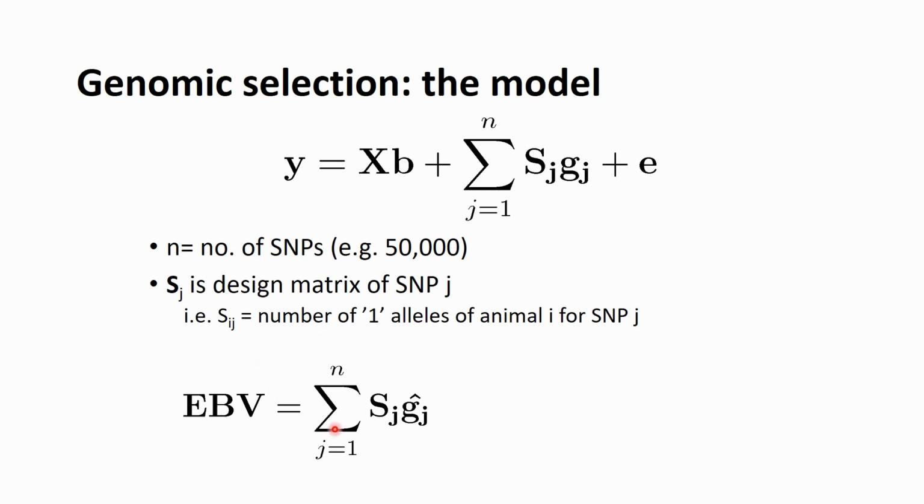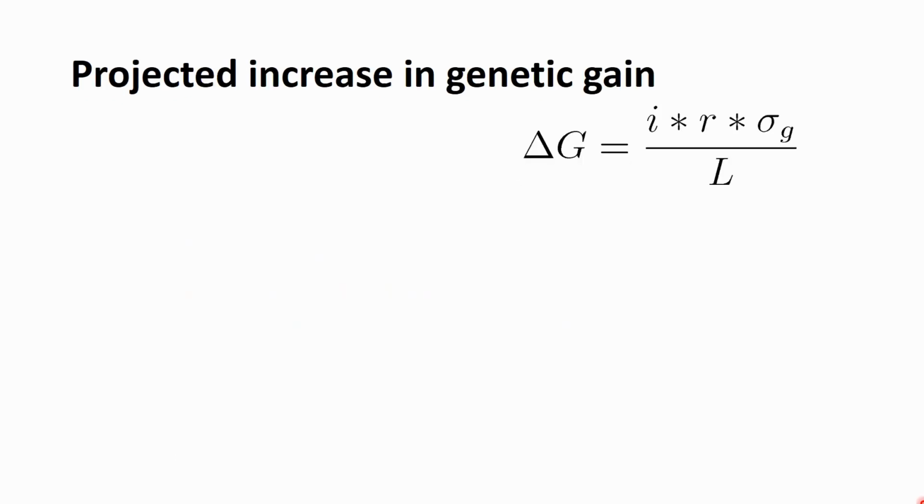As shown here, we basically sum up these SNP effects that produce the EBV, or the genomic EBV, or GEBV, as a result. And we use this for our decisions. And one of the major indicators for this is the so-called genetic gain, or delta G.